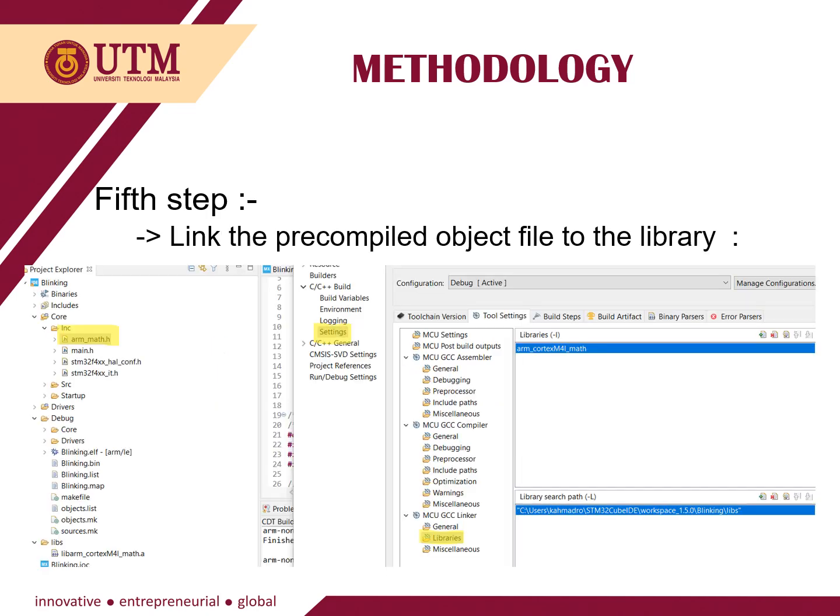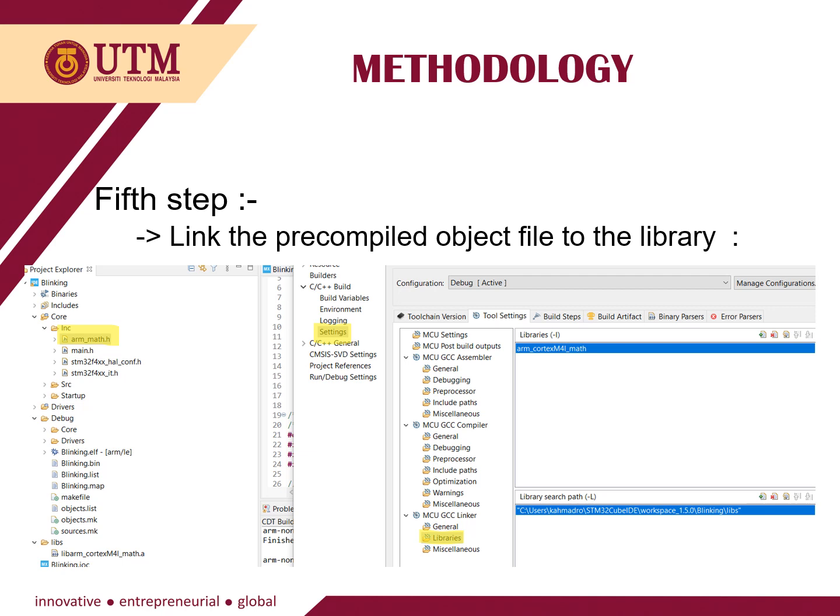The fifth step is to link the precompiled object file to the library arm_math.h, on the leftmost of the screenshot below, highlighted in yellow. What you have to do is right click the arm_math.h file and press properties. When you open the properties, this will pop up on the right side. Under C/C++ Build, go to Settings, and then it will display the MCU GCC Linker.